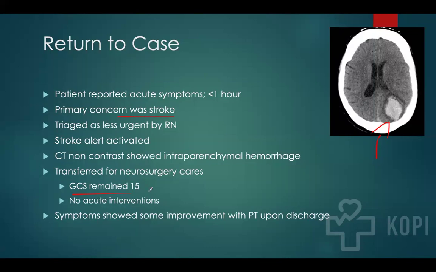While the GCS is just a number that we can use for intracranial hemorrhage, it's important that you remember that they trend. If his GCS were to decline, then neurosurgery probably would have offered him an intervention, or he could potentially have been a candidate for ventilatory care or intubation if the GCS got low enough. So that was the case.